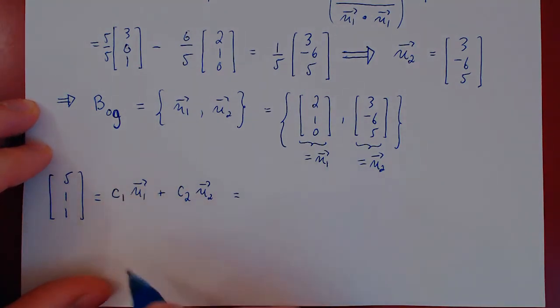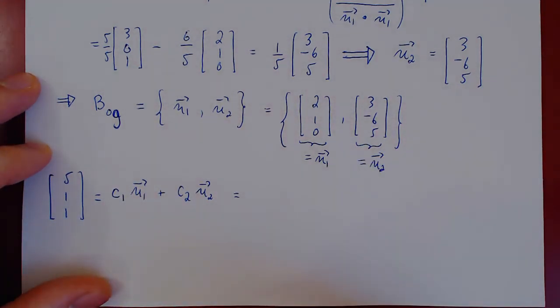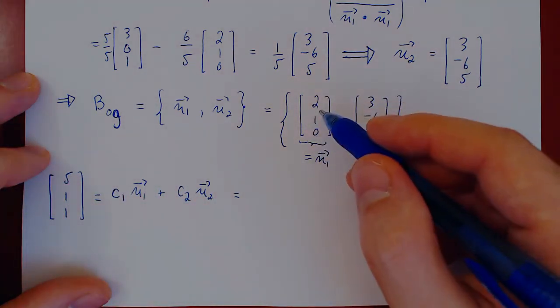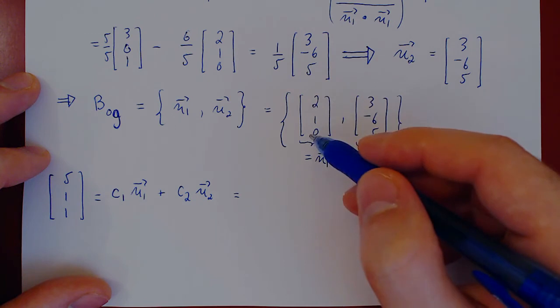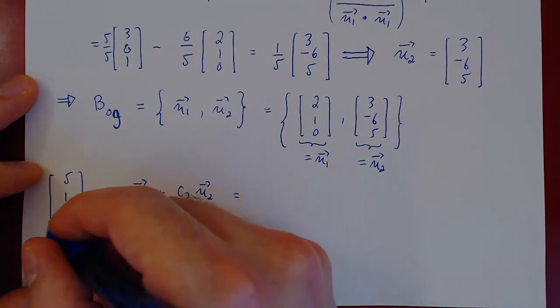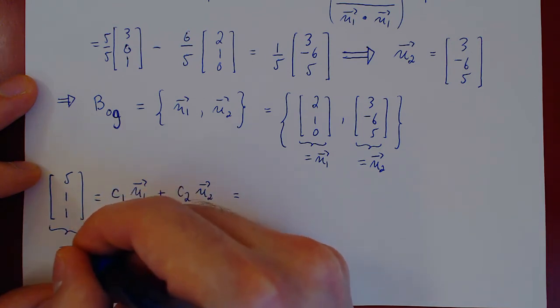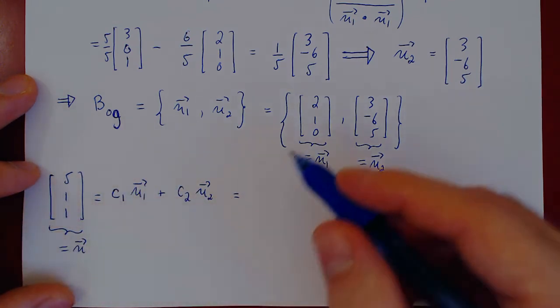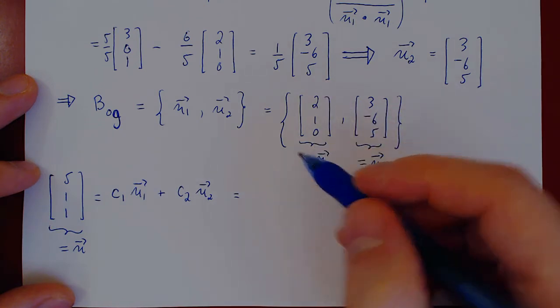We know that C1 is this vector dotted with u1 over u1 dotted with itself. So let's do that. If you call this vector u, C1 is u dotted with u1.